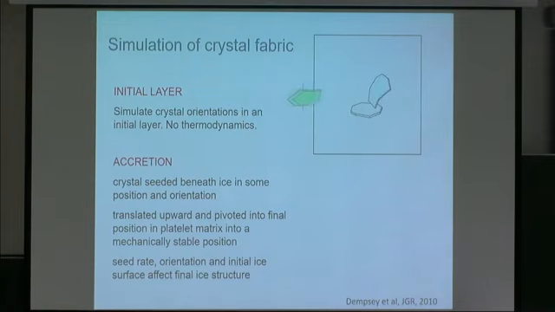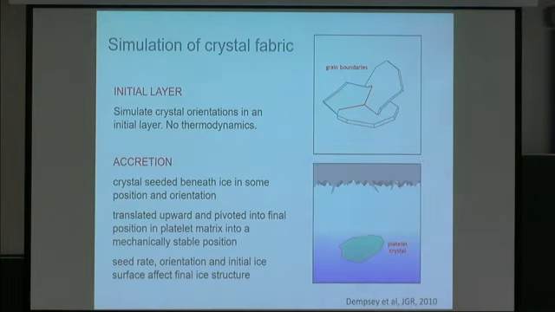So then he put together an initial layer to make his base, to which he's going to add crystals to simulate. He allows these to get bigger according to some rules, grow in some grain boundaries, and then, having formed the initial layer, which is at the top of the picture here, we let crystals come up.